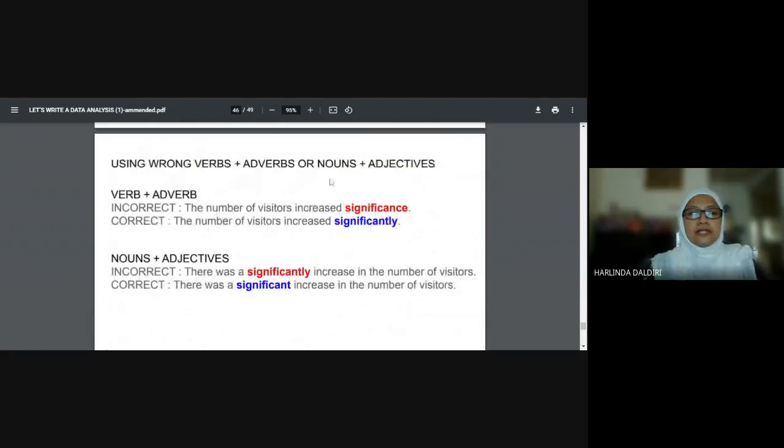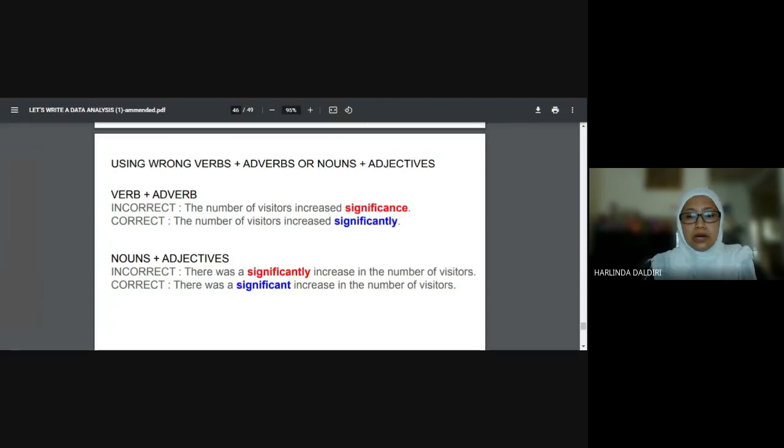Using wrong adverbs or nouns or adjectives. Incorrect: The number of visitors increased significance. This is about understanding the difference between nouns, adjectives and adverbs. The correct one should be: The number of visitors increased significantly, because significantly is an adverb that explains the verb increased.